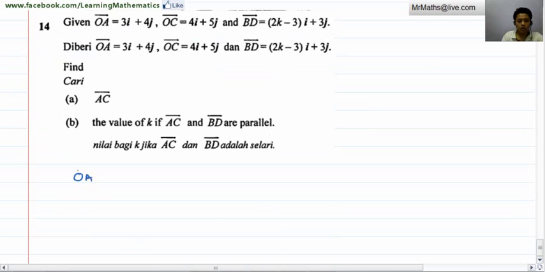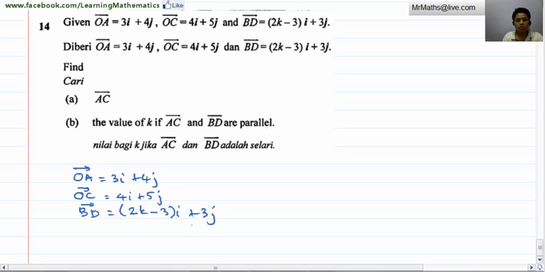So OA is 3i plus 4j, OC is 4i plus 5j, and BD is 2k minus 3 i plus 3j.